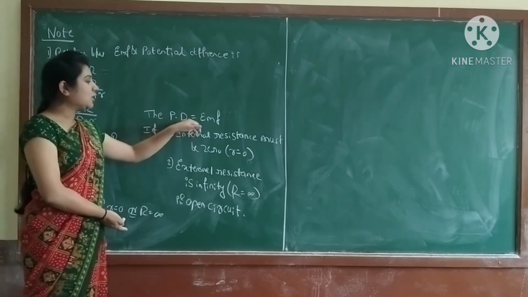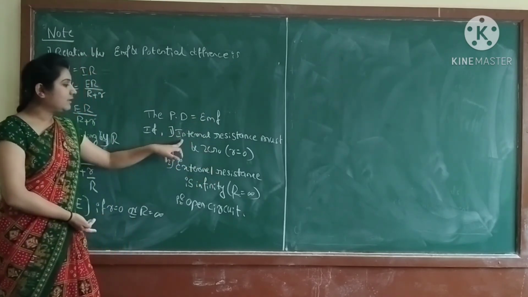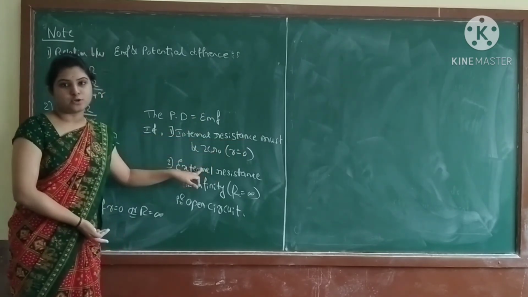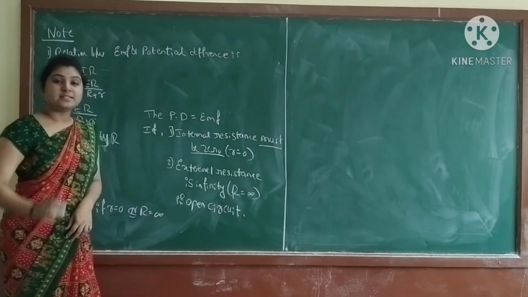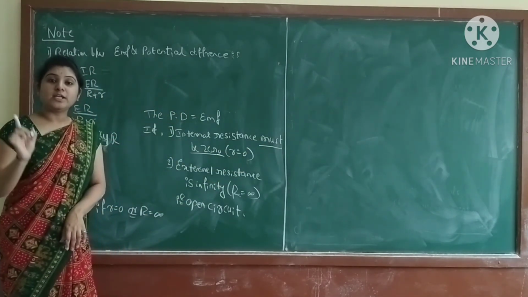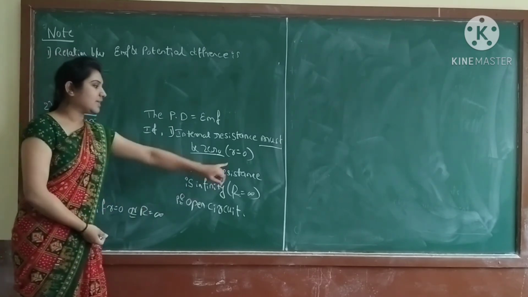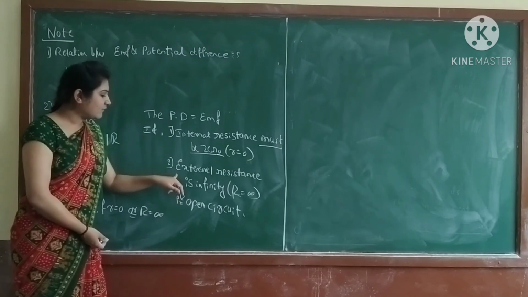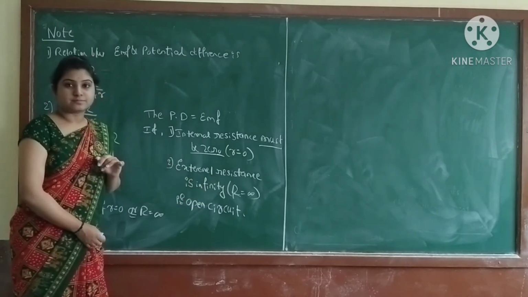So the potential difference is equal to EMF only when the internal resistance must be 0. Yes, it has to be 0. Then only you get EMF equal to the potential difference. That is r is equal to 0. Then the second one is the external resistance is infinity.